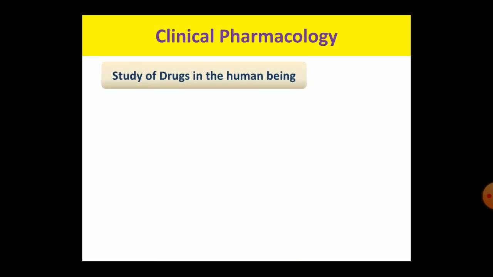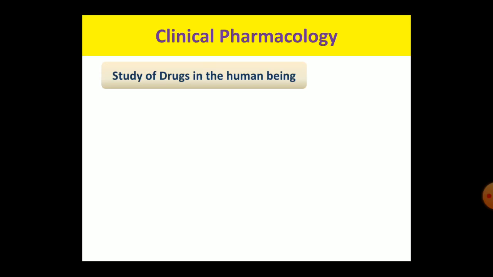But what does it include? Obviously, it includes the various phases of clinical trials. Like first the drug is studied in healthy human volunteers, then a few patients, then a larger number of patients, and finally the drug is approved. These phases of the clinical trials we will discuss later in the subsequent lectures.